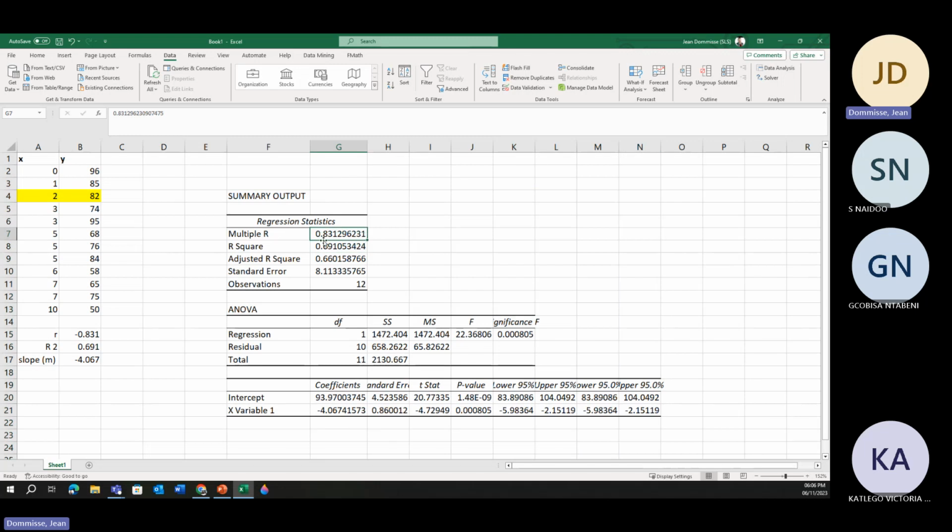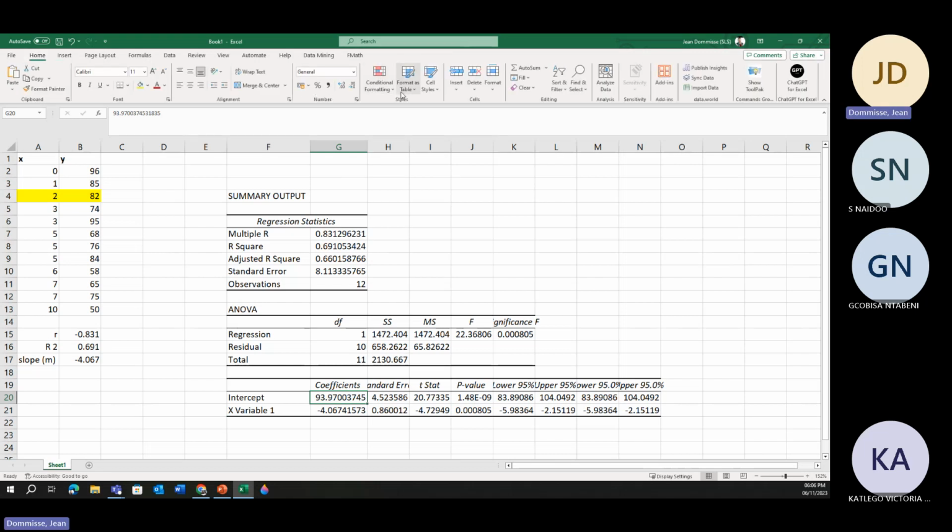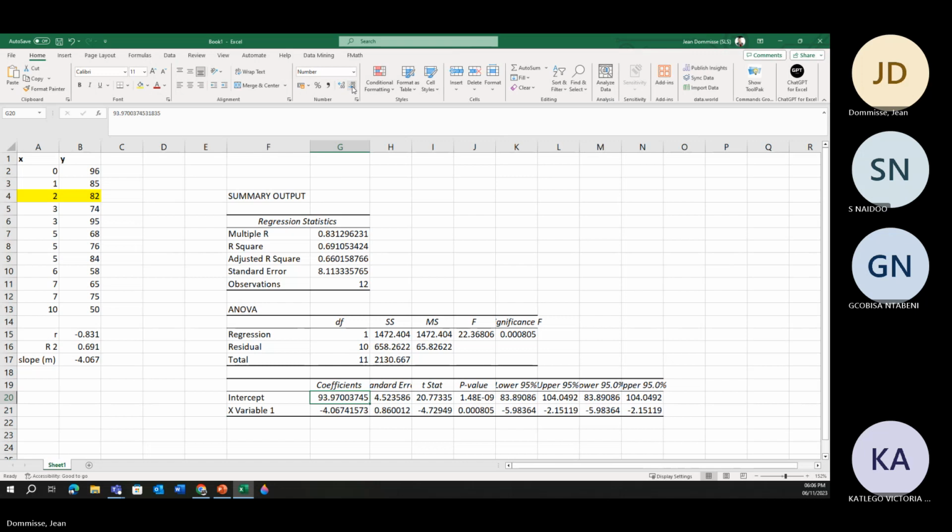Just standard error, observations. Okay, so again, we're not getting any information. Okay, there's the intercept, which is the 94. But that should not be that difficult. So let me see what else we can do to get that information for you.